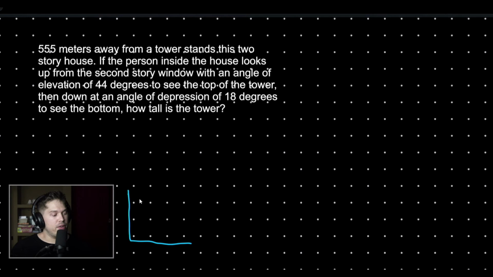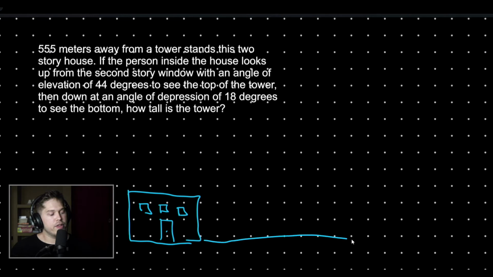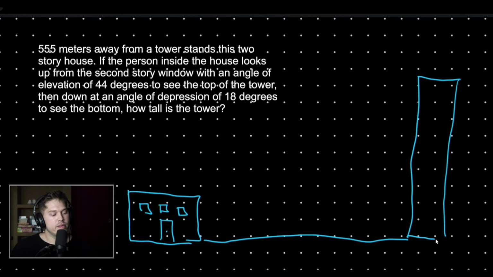So we have this two-story house, and 555 meters away from the house is some tower. And what are we told? Well, we're told that somebody is in the house in the second-story window, and this red line can represent their line of sight.